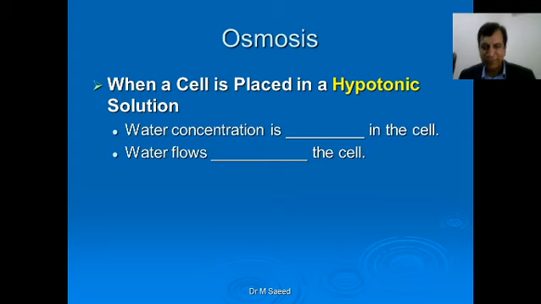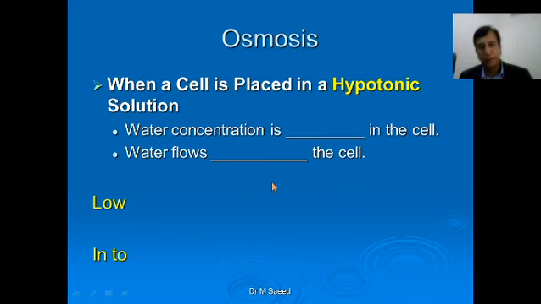Water concentration in the cell will be low. Water will flow into the cell. That is why when RBCs are placed in hypotonic solution, they swell because water moves into the cell.